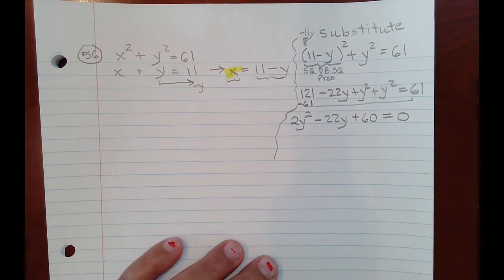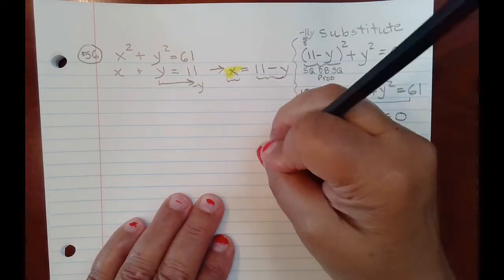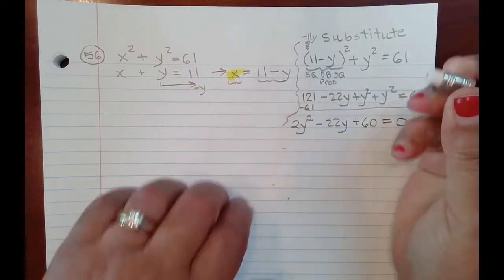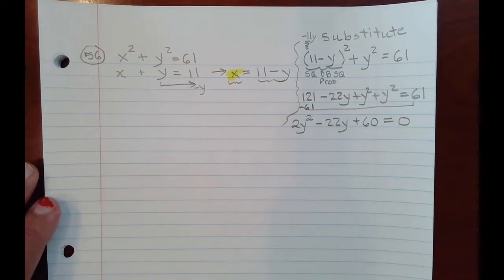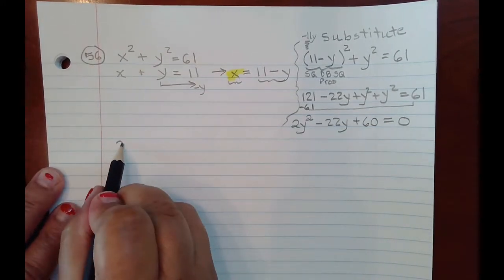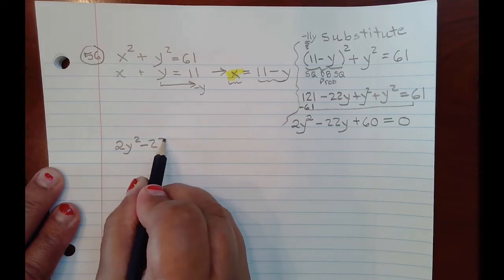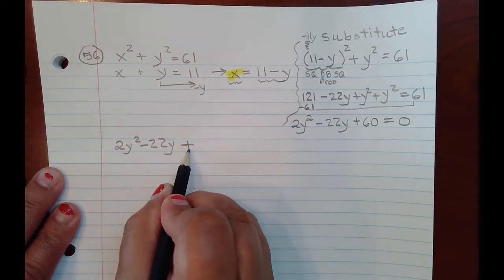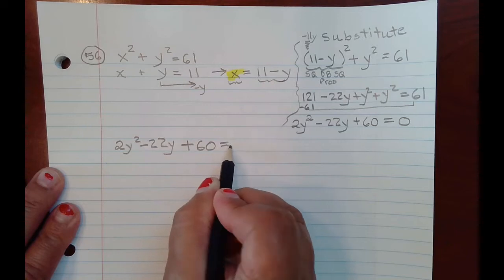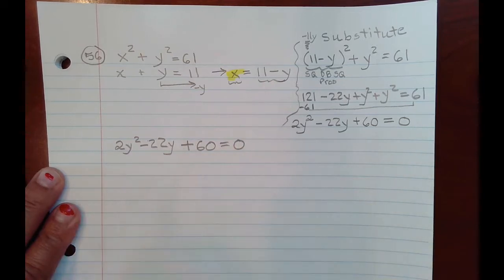All right, so now let's see what we can do here. If we're going to try and factor this, let me just bring this to the middle of the page so I don't have to keep cramming it over here. So 2y squared minus 22y plus 60. Each of the coefficients here is divisible by 2, which, the smaller we make them, the easier we'll make our factoring procedure.